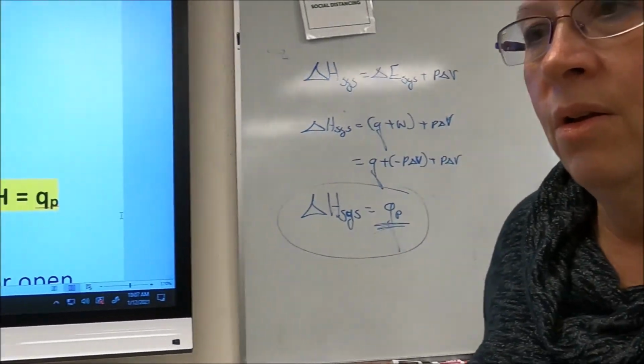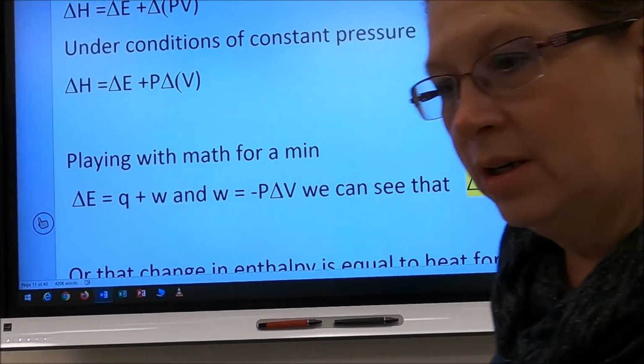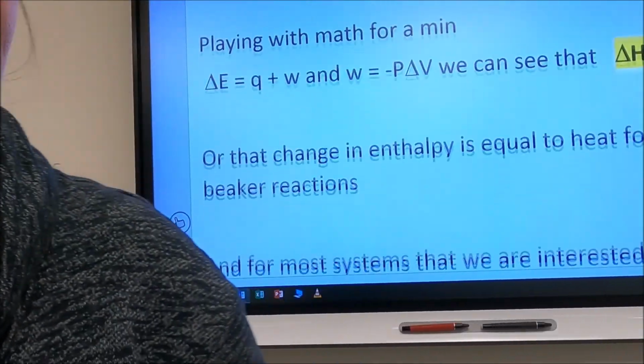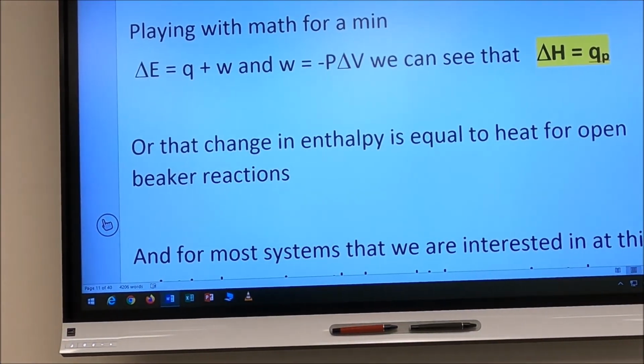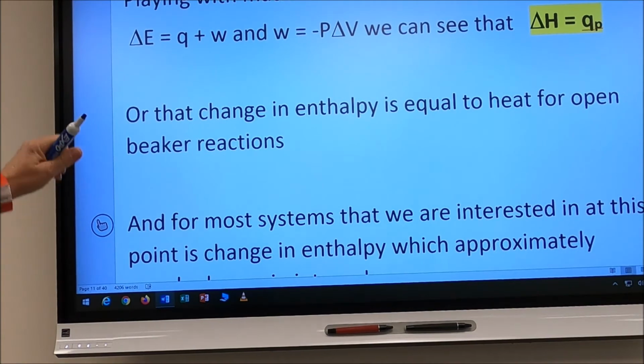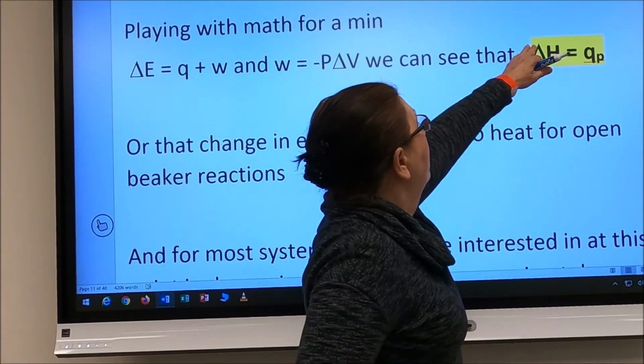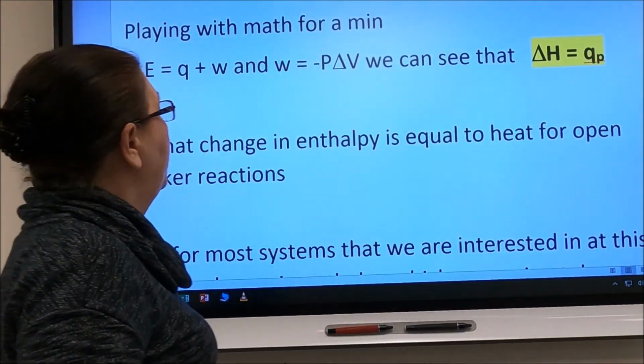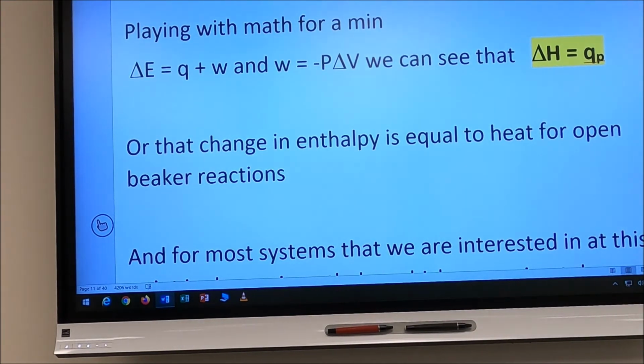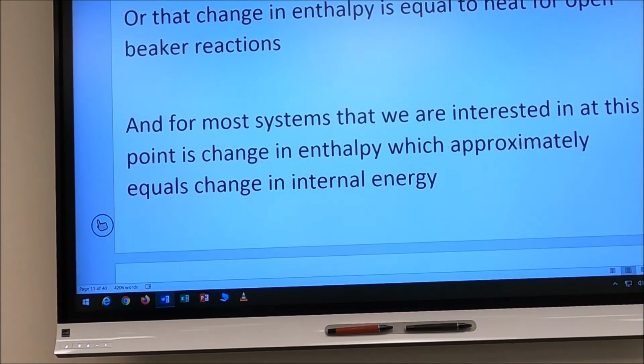Okay, so let's go back over to the screen. That's what I've got for you here. Delta H is equal to Q sub P. So the change in enthalpy is equal to the heat flow in or out of the system if we have an open beaker reaction. For most systems that we're interested in, there is no work done.